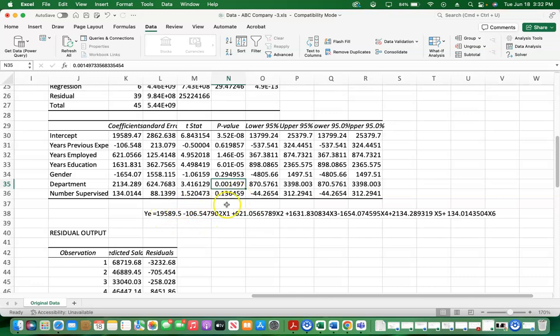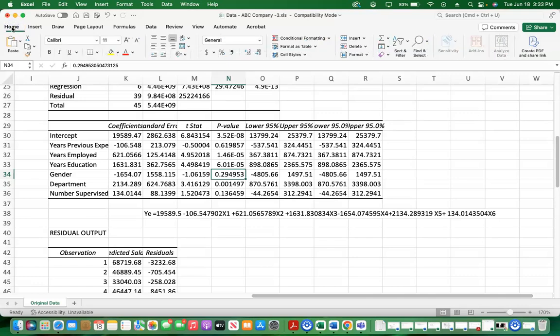So in this equation, we will just consider factors that can affect salary. In that case, gender, let's highlight gender, which is not significant. Number supervised is not, and years of previous experience is not, when we consider multiple regression.